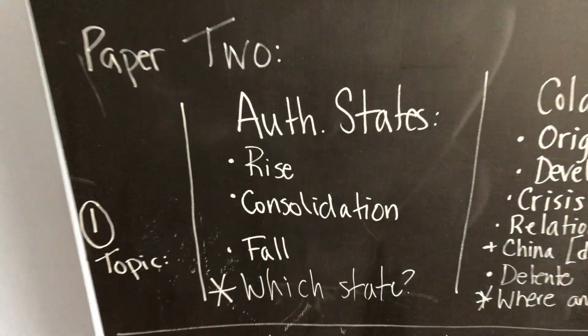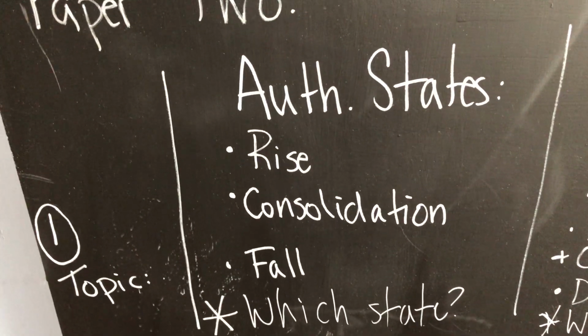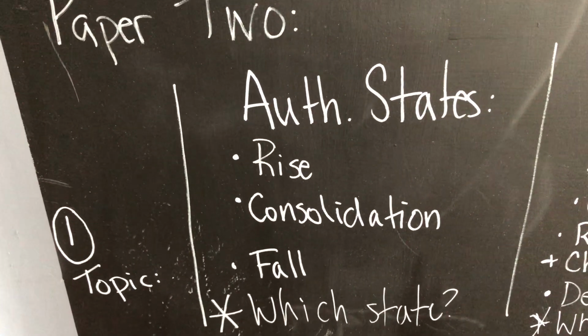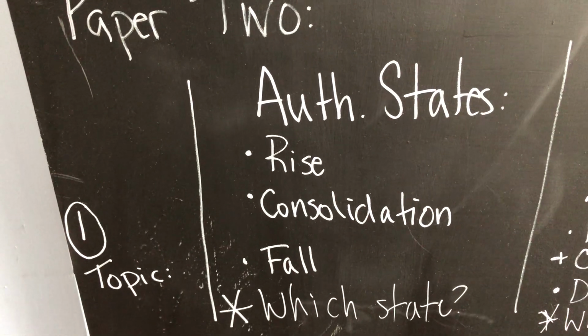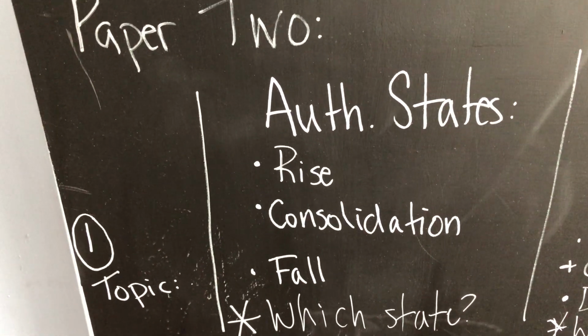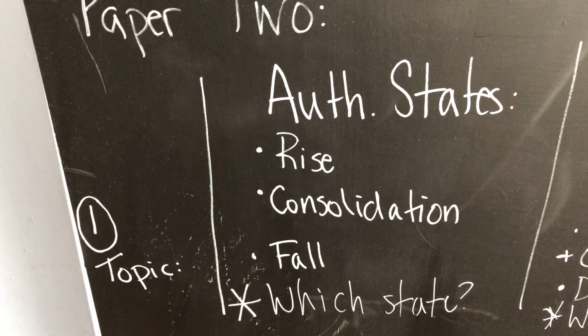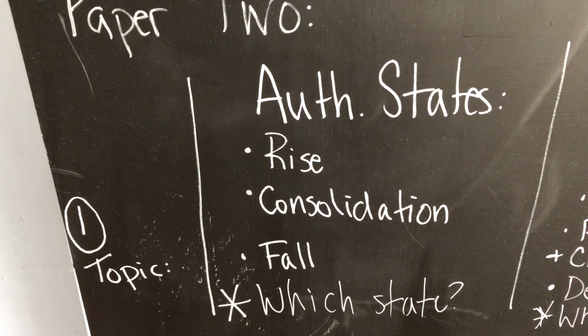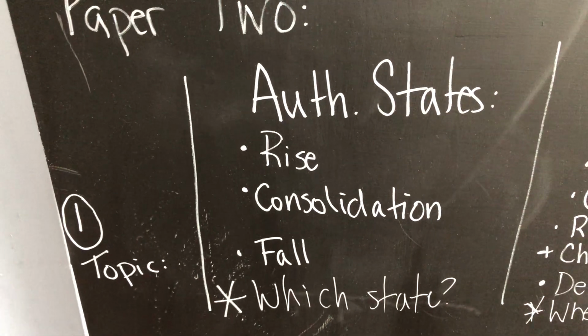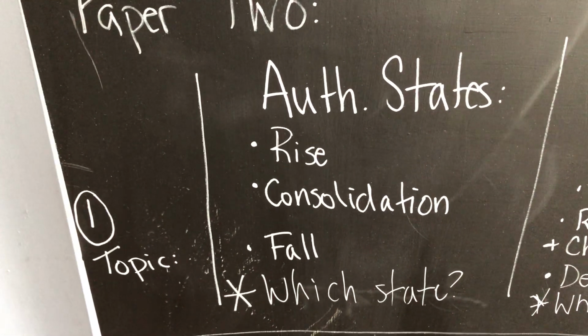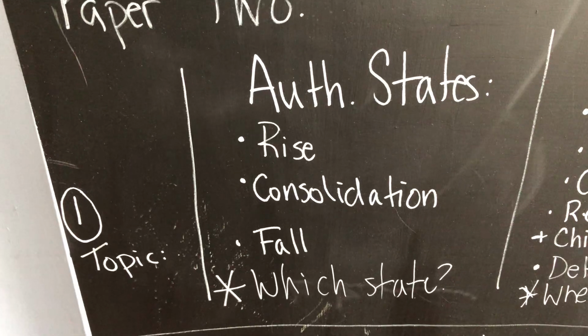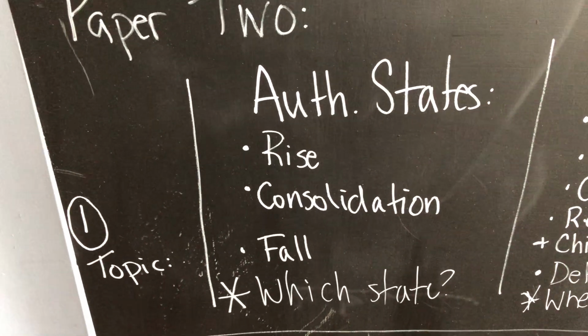So if we look at authoritarian states first, your first question is, which state are you going to look at? We've said you can't look at Nazi Germany. That's only because we talk a lot about Nazi Germany in all three papers, and we are going to give you lots of information.